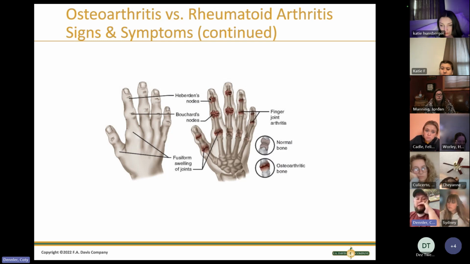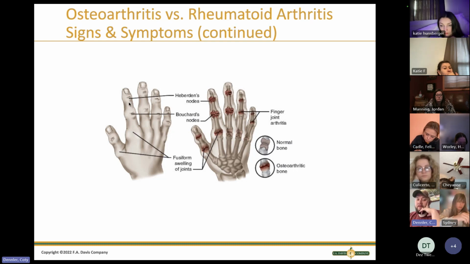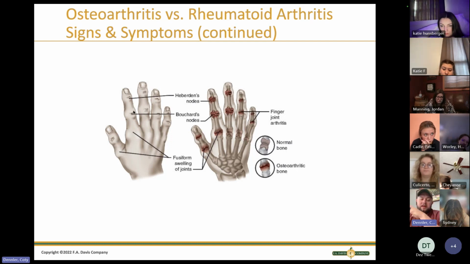When you start to see this bone on bone and you see this nodule appear in the DIP, it's a Heberden's node. Okay, this is hallmark. You see this stuff all the time. When it comes down to your PIP in the middle, this is a Bouchard's node. They look very similar, just where they are determines what the name of it is.